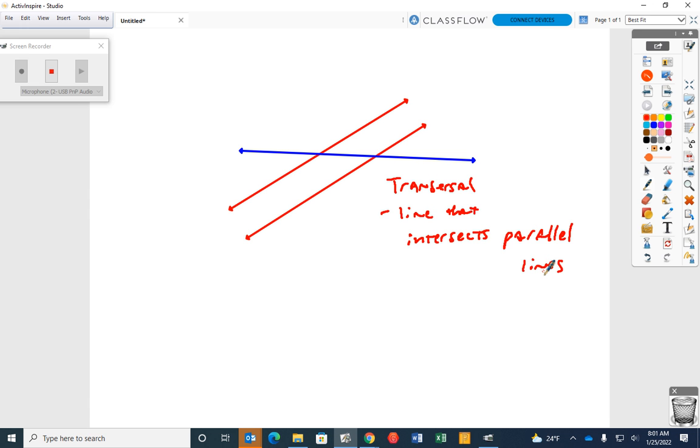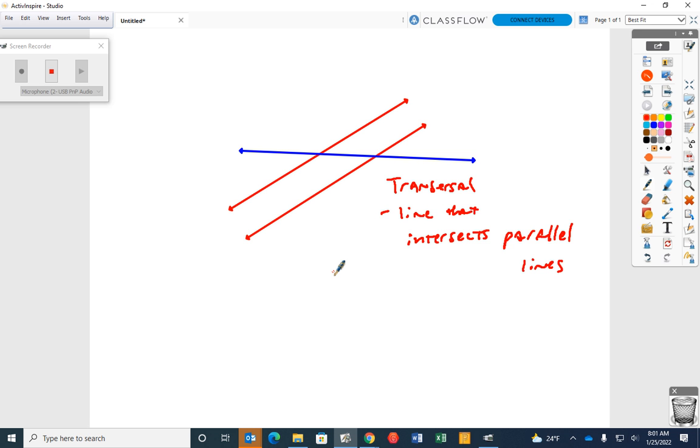That's a transversal. Now, how many angles? Let's think for a minute here. Does anybody remember from last year angles on opposite sides of an intersection? Do you remember what those are called? What are they called? Vertical angles. Do you remember vertical angles?